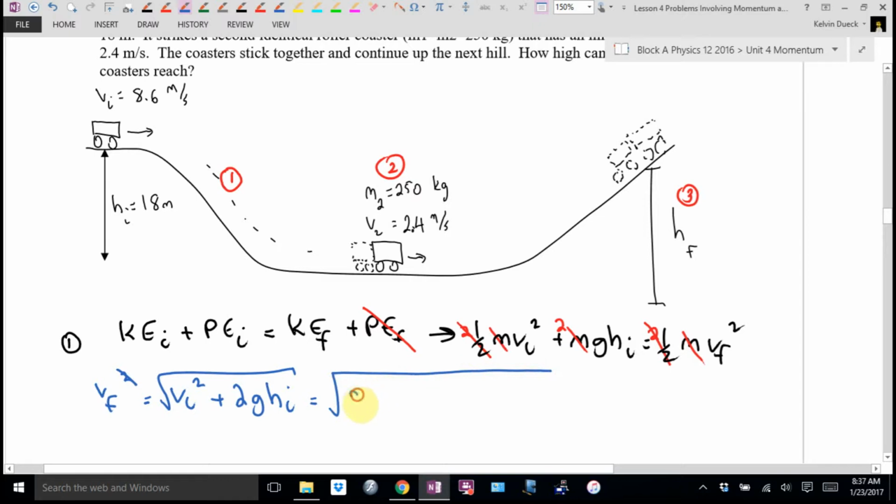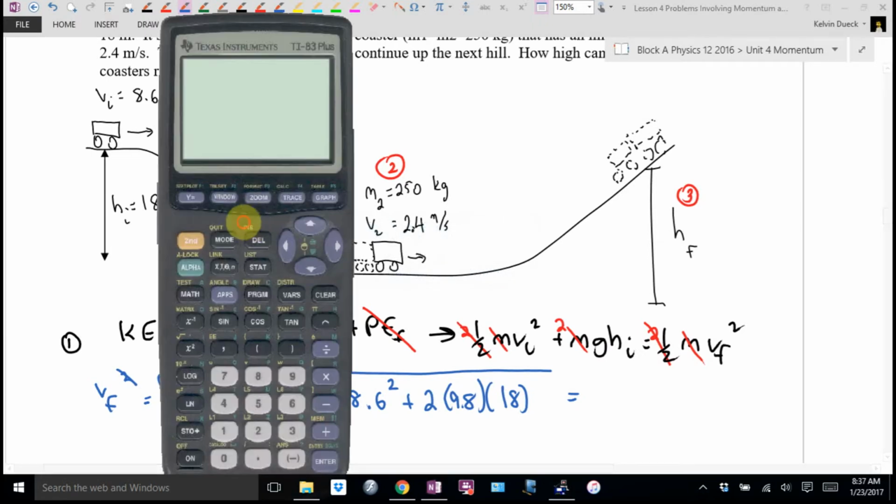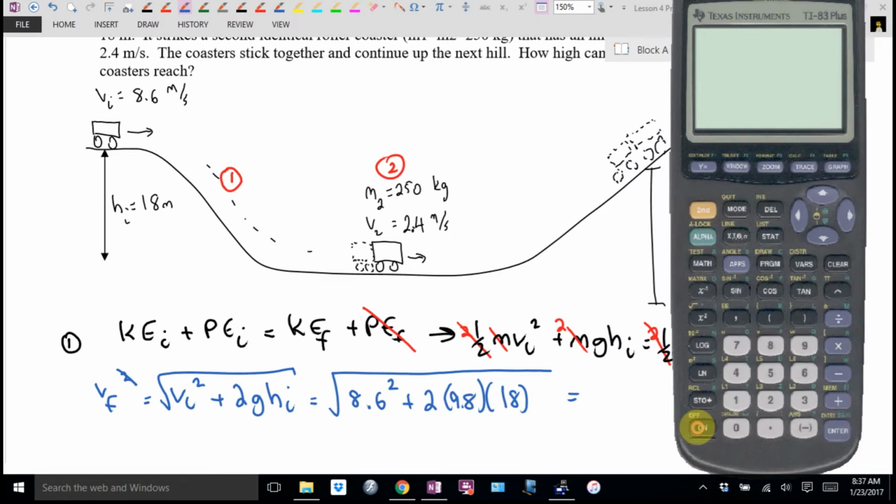So we're going to get 8.6 squared plus 2 times 9.8 times 18, square root of that.